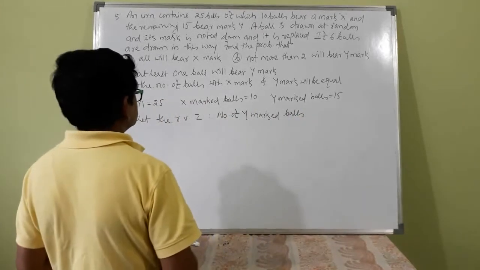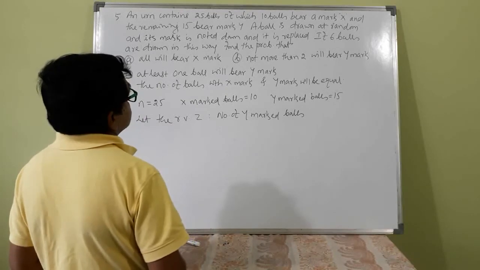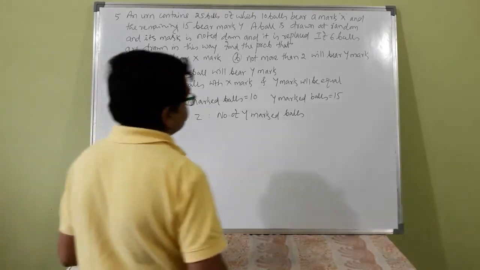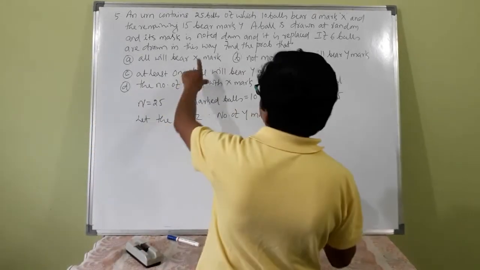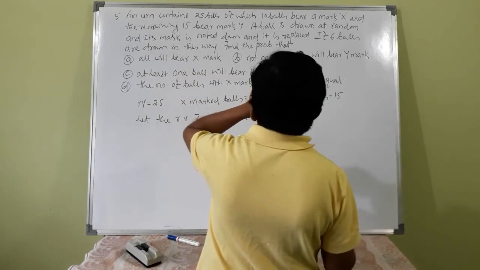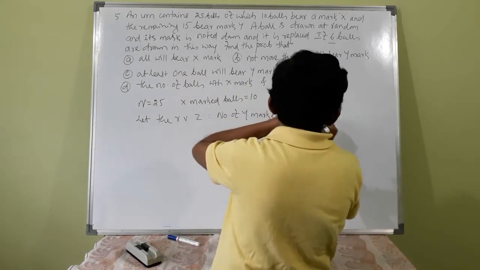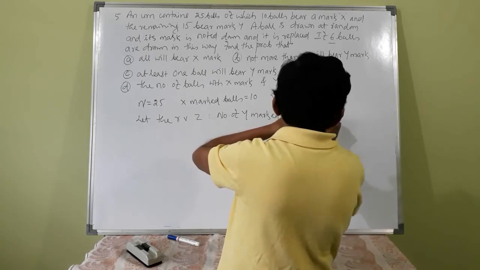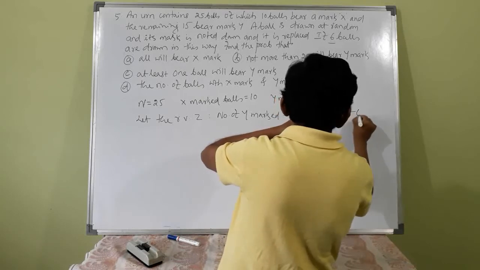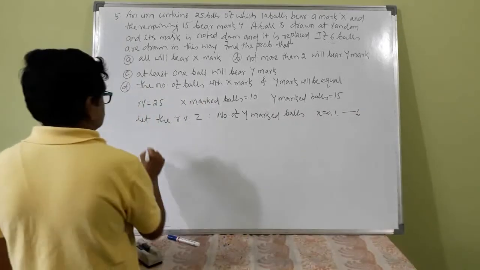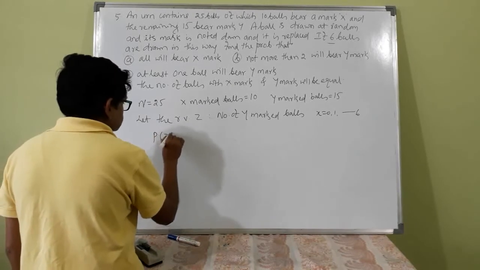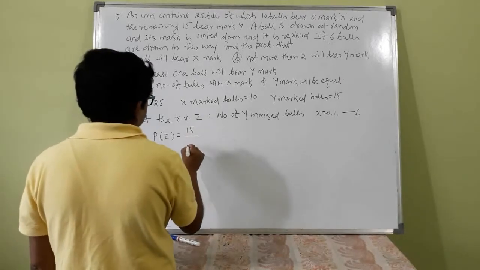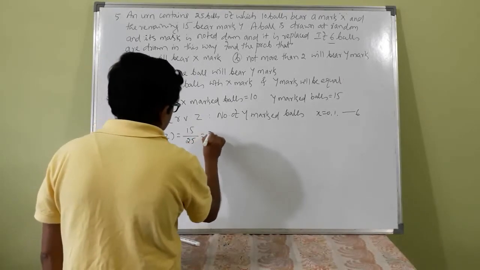Now, what is N here? This is capital N. 6 balls are drawn, so Z may be 0, 1, and so on up to 6. Now probability of success is 15 by 25, that is 3 by 5.